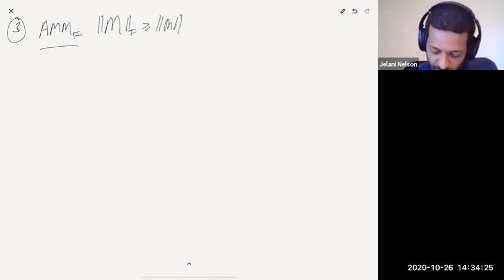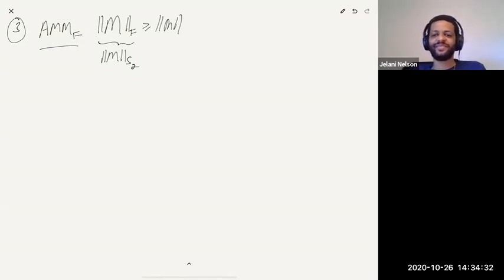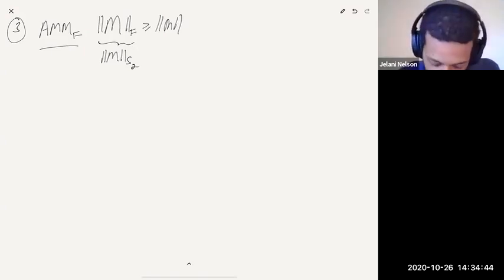M Frobenius norm, by the way, is also known as the Schatten 2 norm. We already said that M operator norm is Schatten infinity. Frobenius is Schatten 2. So Frobenius norm is at least as big as operator norm.